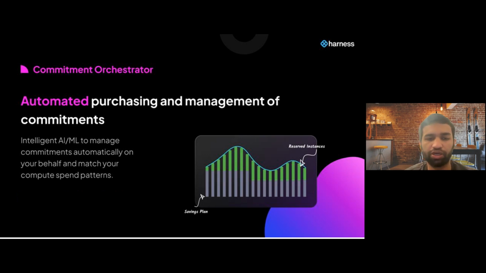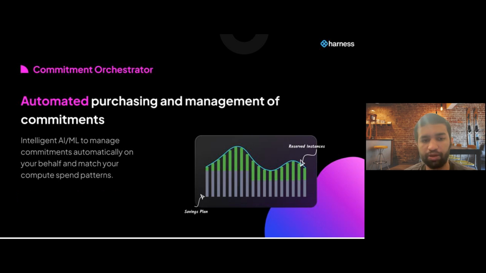All you need to do is connect your master account, and that way we know your master and all your linked accounts and what the usage is. Based on that, our trend and forecast says what would be the exact plan suitable for your spend, what exact RIs we can buy, and what exact savings plan. And if there's any drop in usage or if there's waste, we can easily convert them into whatever existing usage you have.